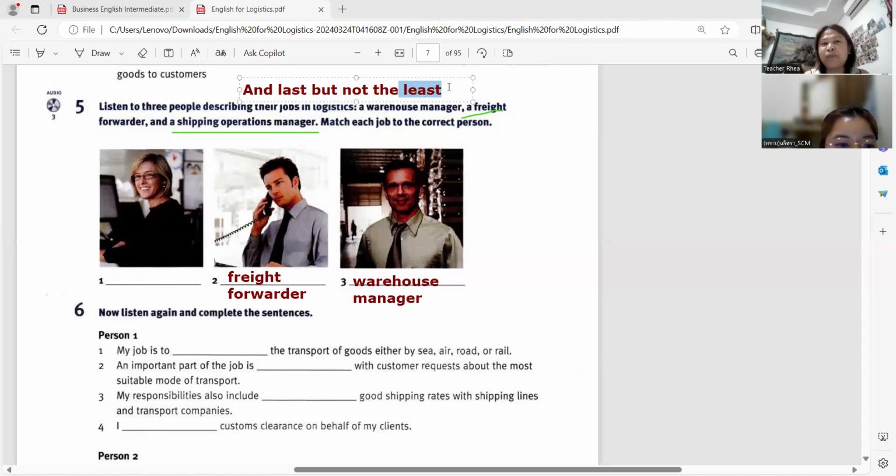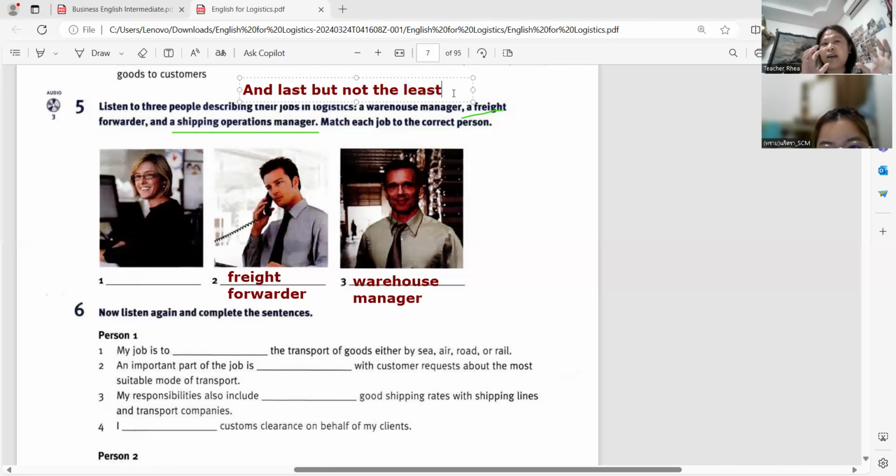So if I want to describe myself, I am an extrovert, I teach children, I teach students, I work hard, and last but not the least, I am good at teaching. So that is how you say it.